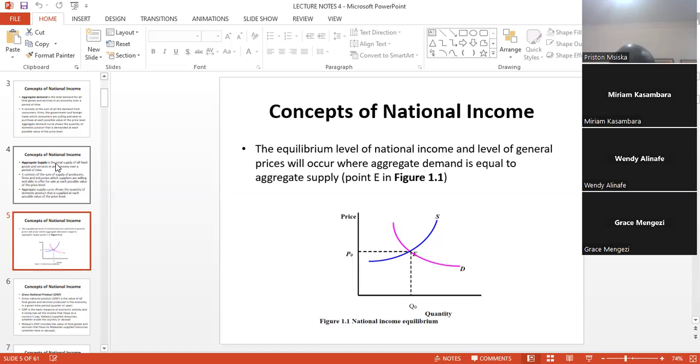You remember, we said that when there is excess demand, meaning there's a shortage, prices go up. When demand is more than supply, prices will go up because there's a shortage.